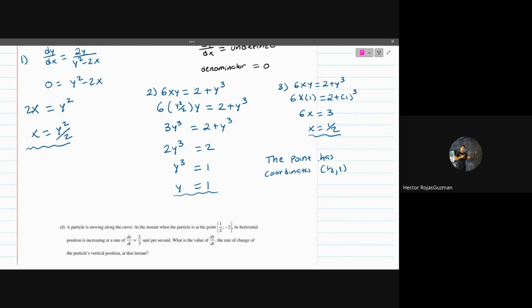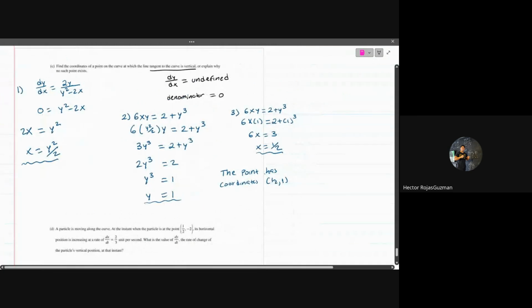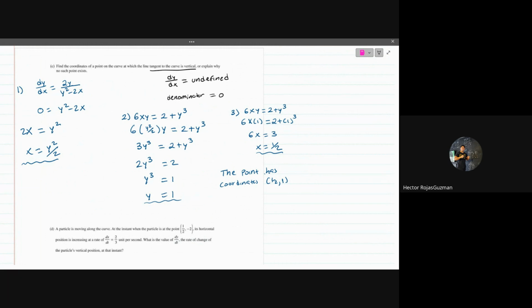It's perfect. So then the original question was, find the coordinates of a point on the curve at which the line tangent to the curve is vertical. So let me rephrase what I said. The point where the tangent line is vertical is 1/2, comma 1.